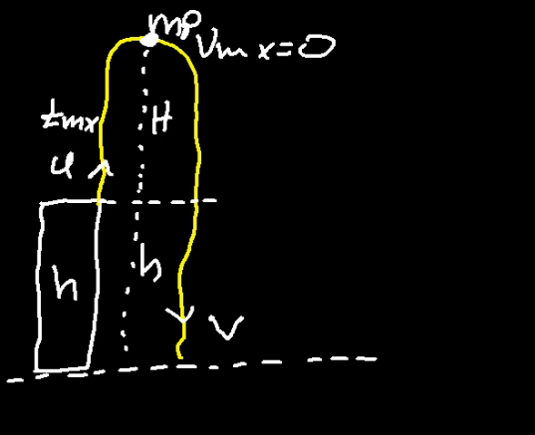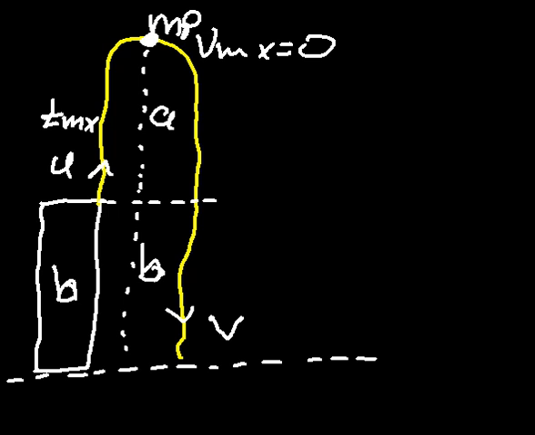Let me use it in this way for you to properly get it. Let's say the distance from here to this point should not be symbolized as h, but should be given as, let's say, a. And let's say the height of the building should be given as b, not h.